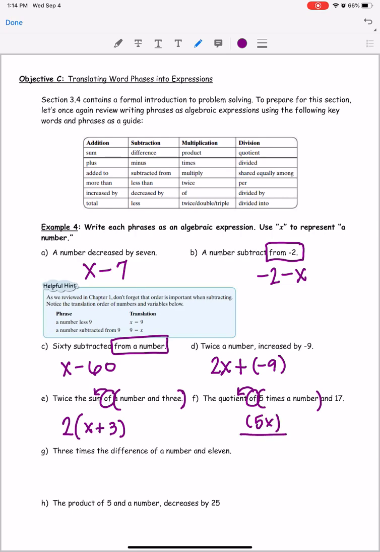Quotient is divide, and then 17. Now, do those parentheses really do anything on this problem for us? No. So this isn't wrong. It looks a little neater if we do 5x over 17. But those do mean the same thing.